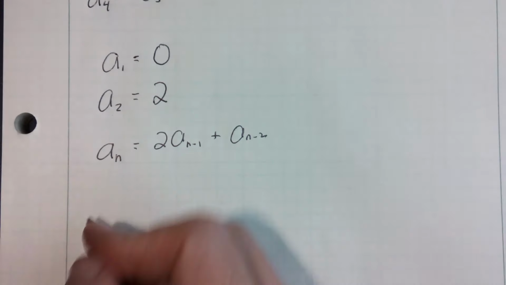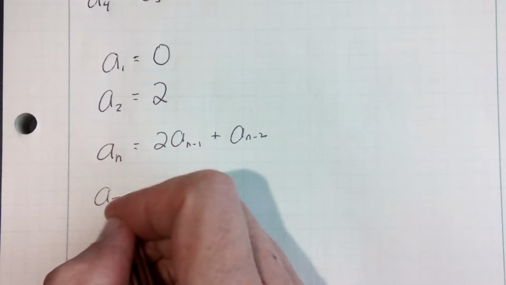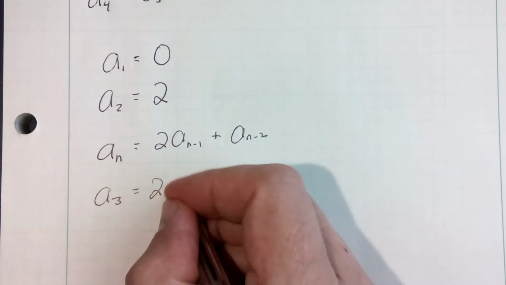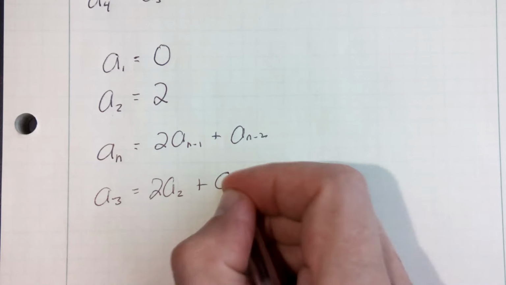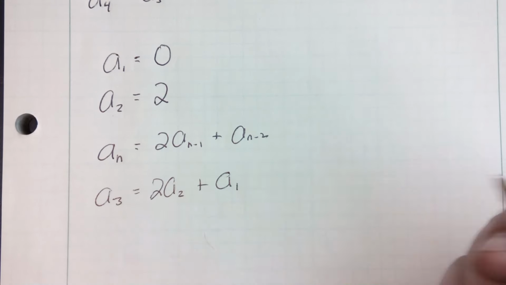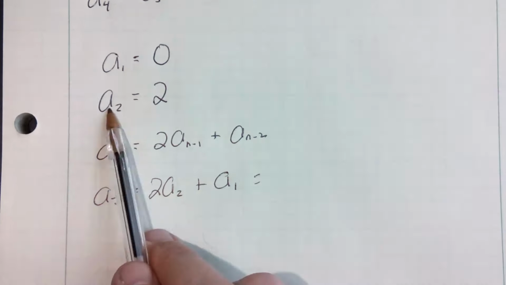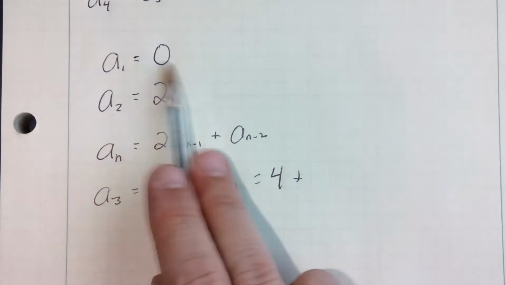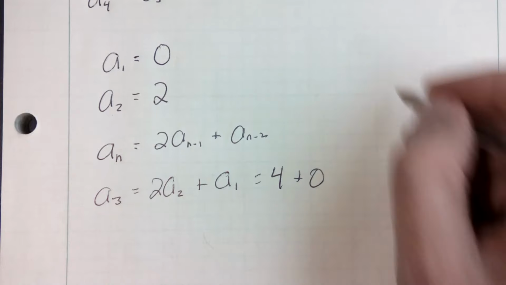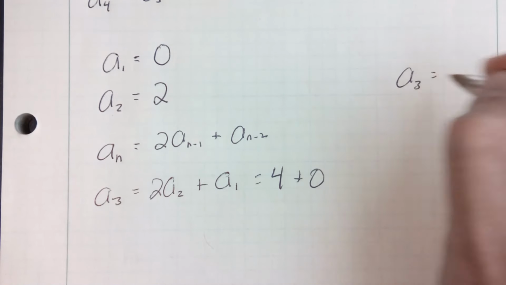So now if I wanted to find the third term, I'm going to do 2 times the second term plus the first term. Well, what's 2 times the second term? It's 4, plus what's the first term? 0. So the third term is going to be 4.